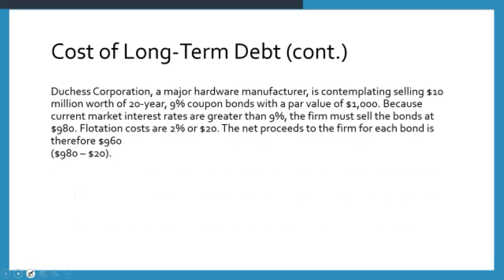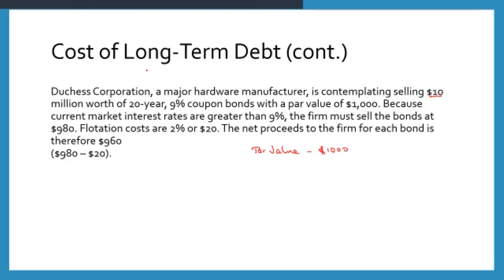Example, Duchess. We're looking at Duchess in this session. Duchess Corporation is a major hardware manufacturer contemplating selling 10 million worth of 20-year 9% coupon bonds with a par value of 1,000. So we know the par value is 1,000.